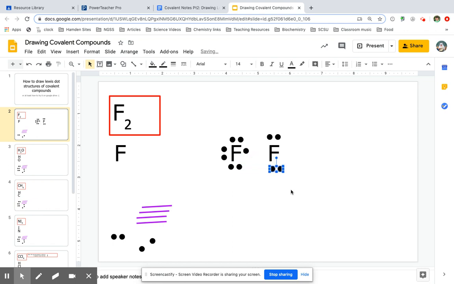Paste again. These ones I need to turn around. And then I need one more to the side. So both of my fluorines now have 7. 2, 4, 6, 7 for that one, 7 for that one.